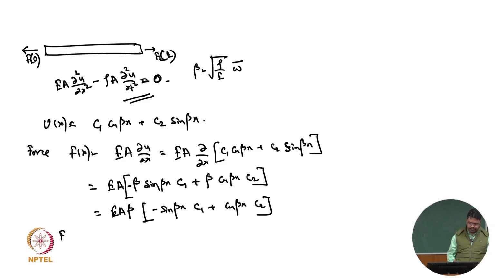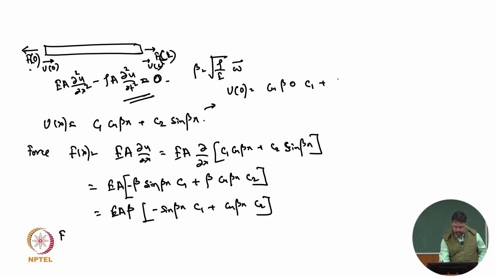Now if you think of force at this side and force at this side, and displacement at both sides, the displacements are u0 and ul. How can I write u0 and ul? My u0 will be cos beta 0 into c1 plus sine beta 0 into c2.